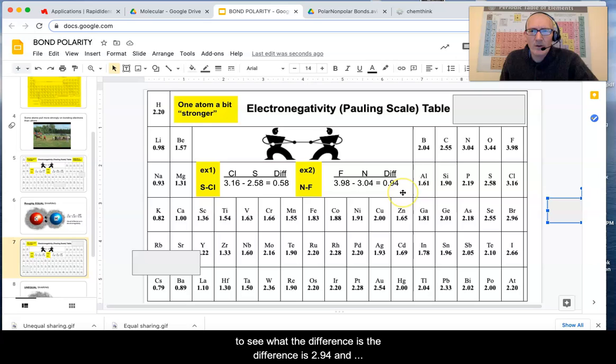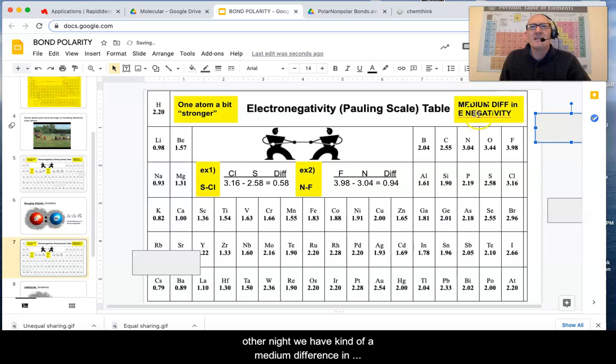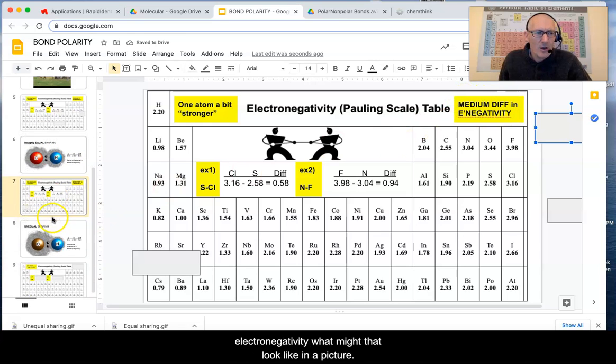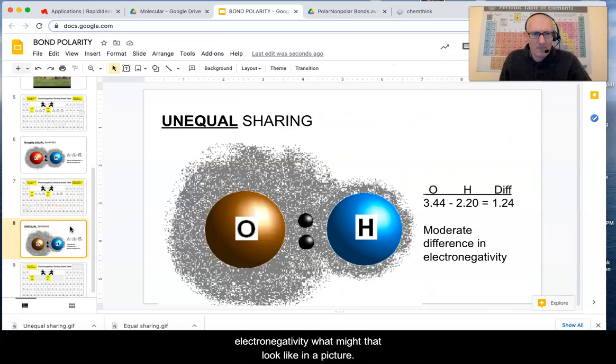The difference is 0.94, and because fluorine has the higher electronegativity, it's going to draw those shared electrons in the covalent bond a little bit towards the fluorine side of the bond. So when we have one atom that's a little bit stronger than the other, we have a medium difference in electronegativity. Well, what might that look like in a picture?